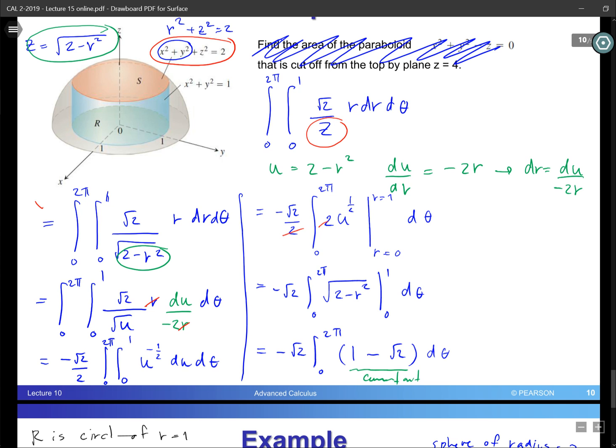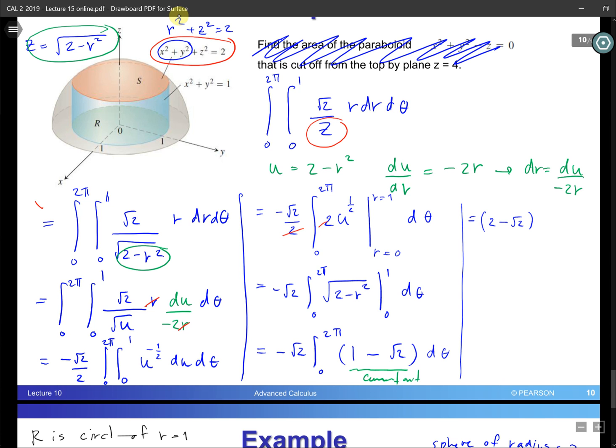So you can just take it outside. This becomes equal to 2 minus square root of 2. Alright, so yeah, minus square root of 2, and this becomes 2.